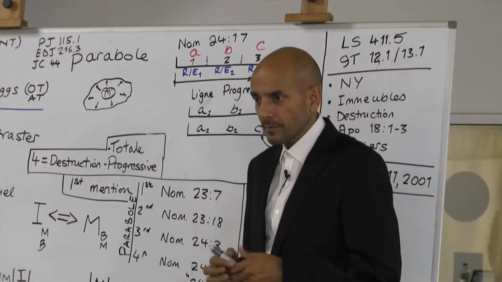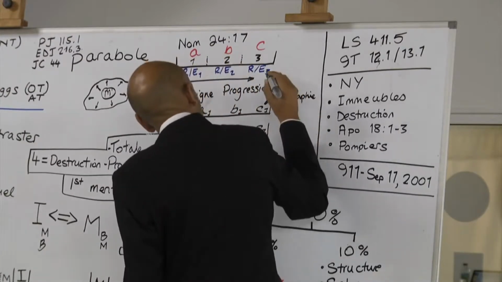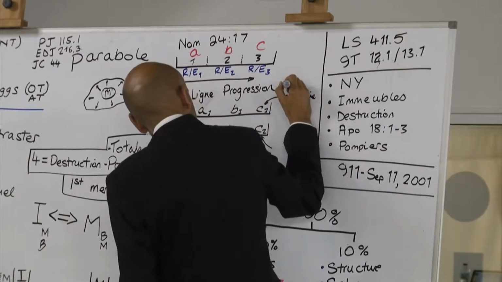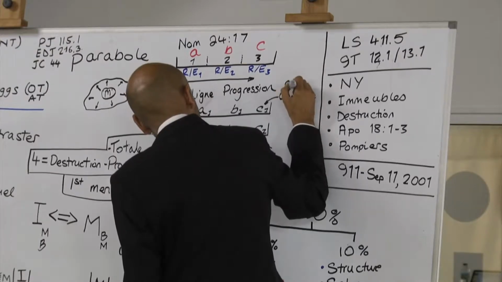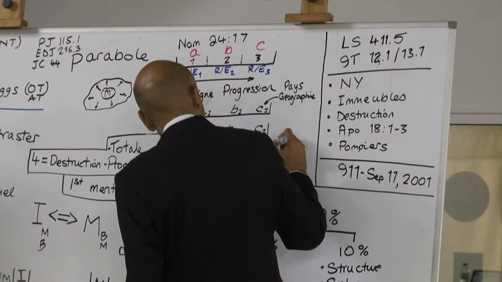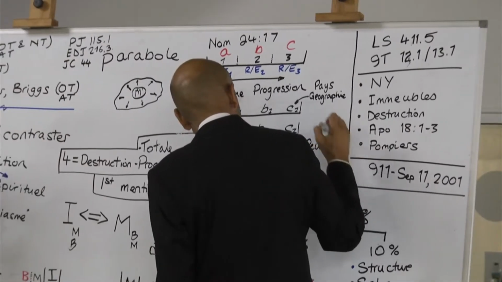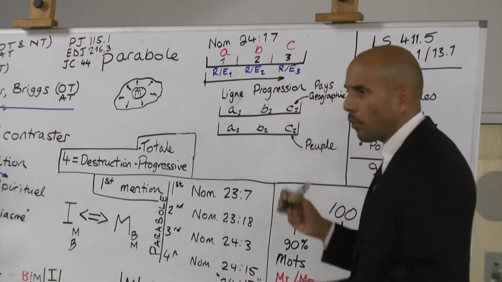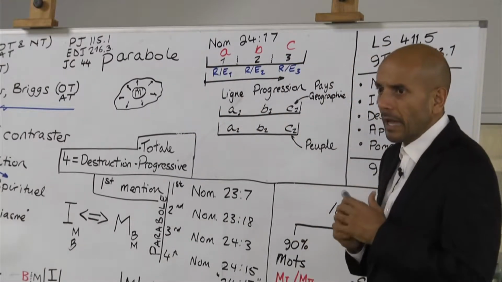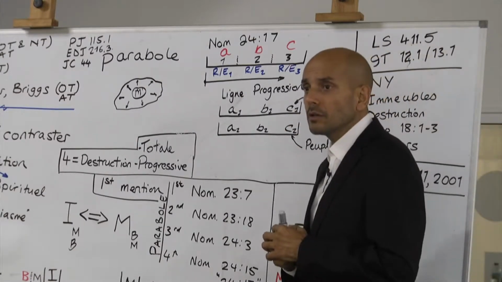So we've got geography, which I want to call land, and this is the people. The land and the people. And in this case, it's a repeat and enlarge.